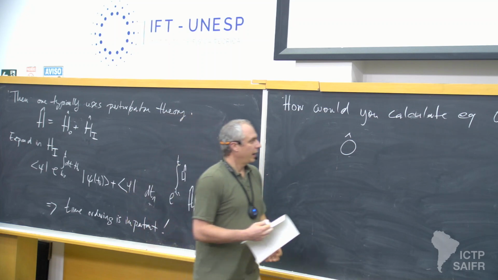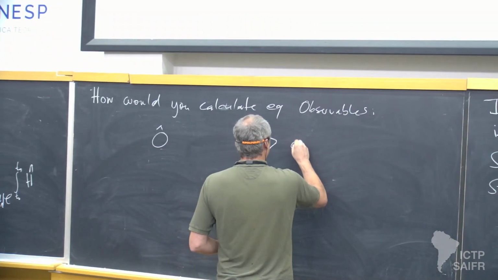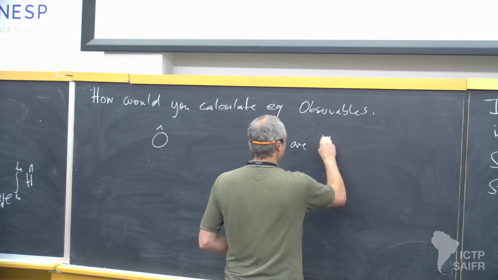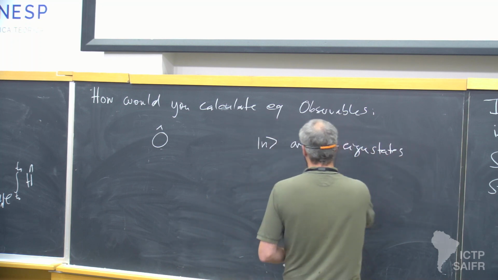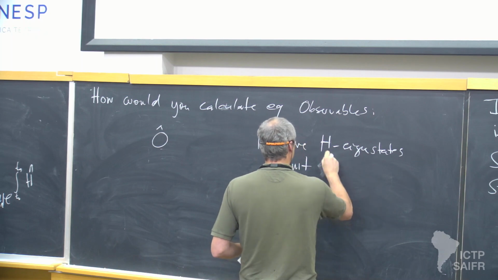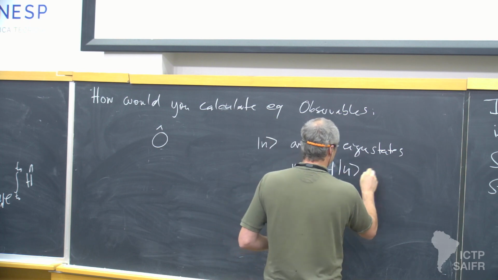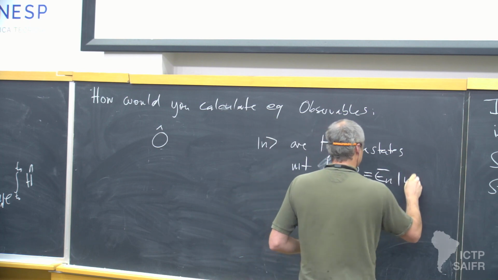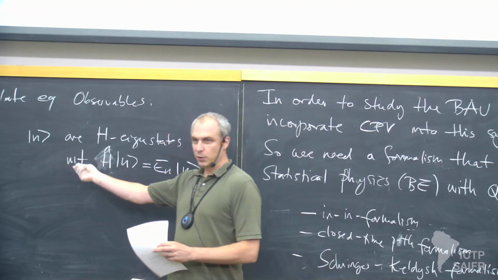What I give you is n. Let's say n are energy eigenstates with some energies. So if you act with the full Hamiltonian on n, you get En times n.